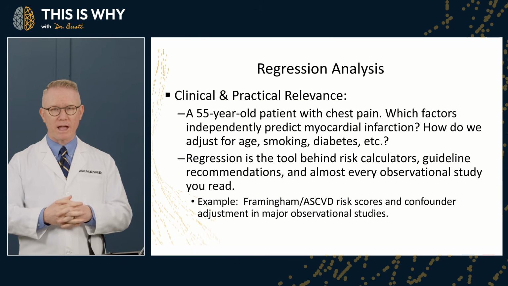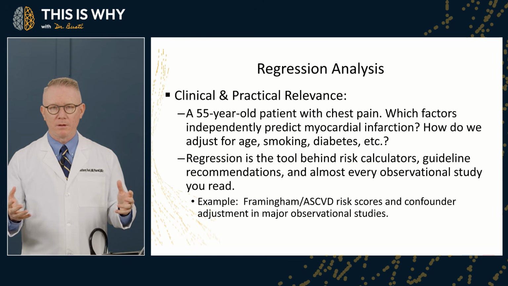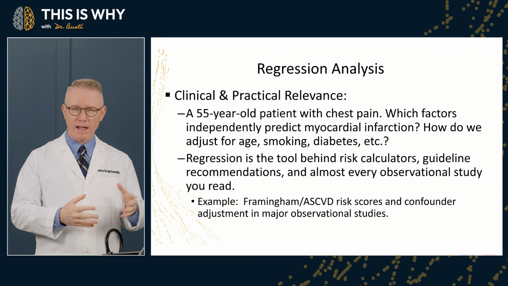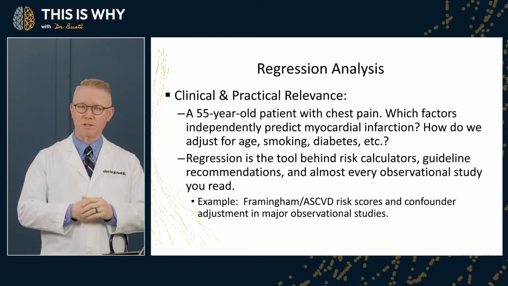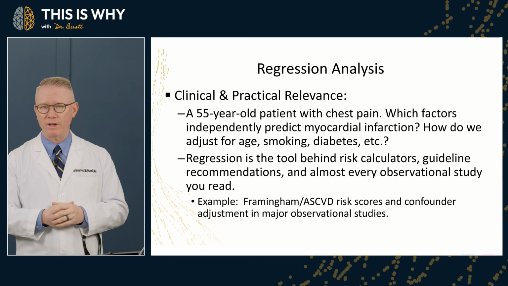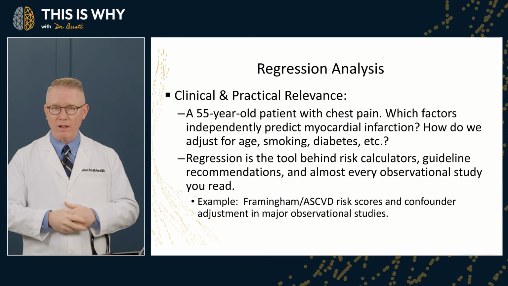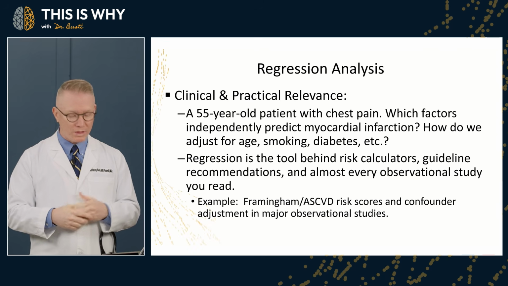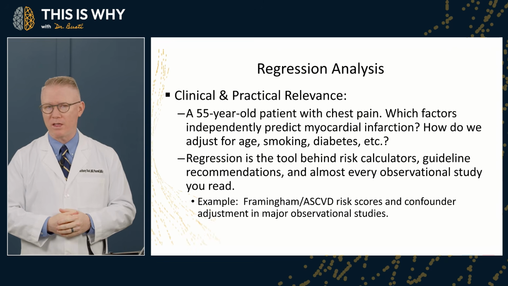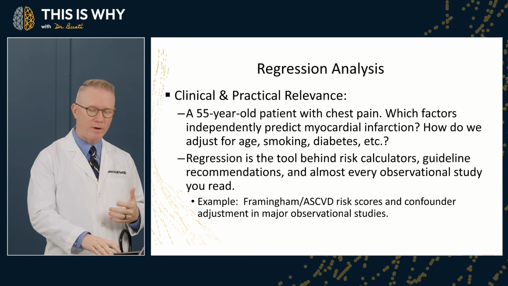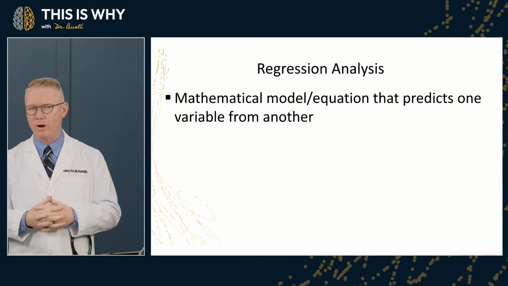For example, things like the Framingham and ASCVD scores, and confounder adjustments that occurred in those observational studies. That's how we developed those tools. Without them, we would not be able to stratify and understand those risk factors that play the predominant role in that outcome that we're worried about.